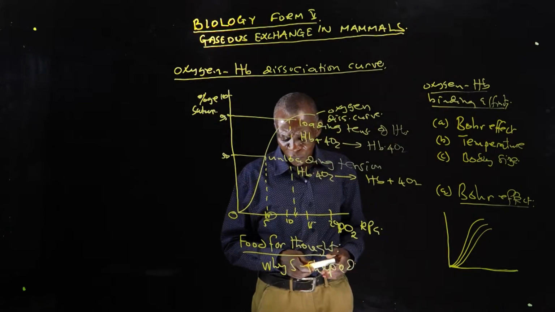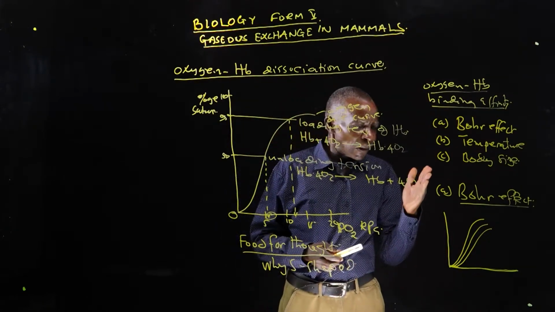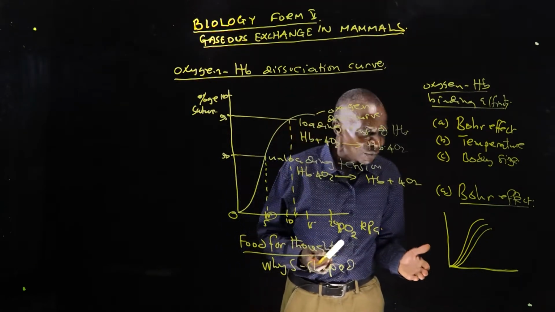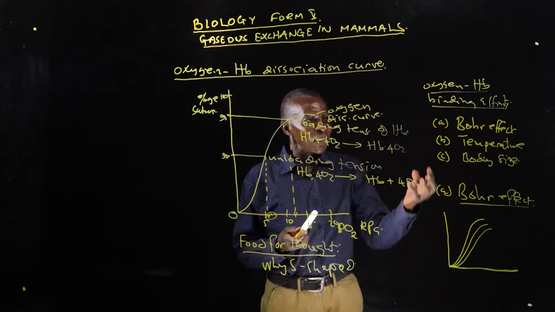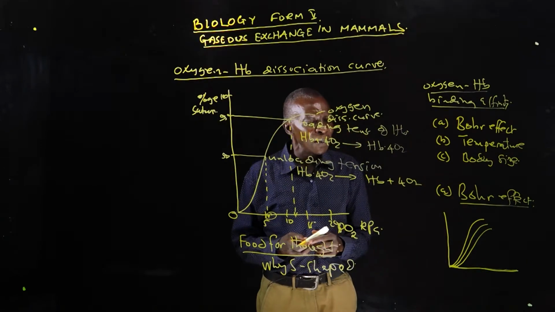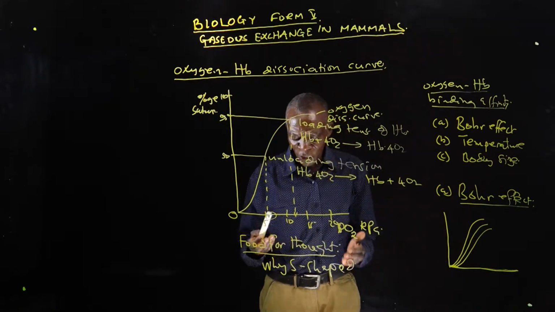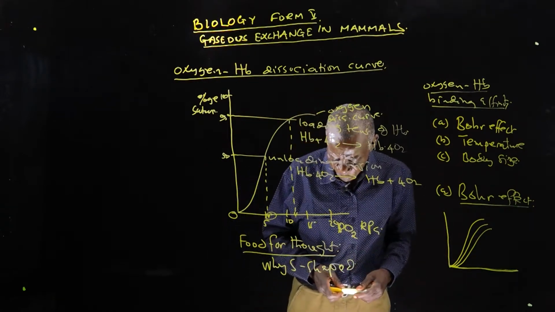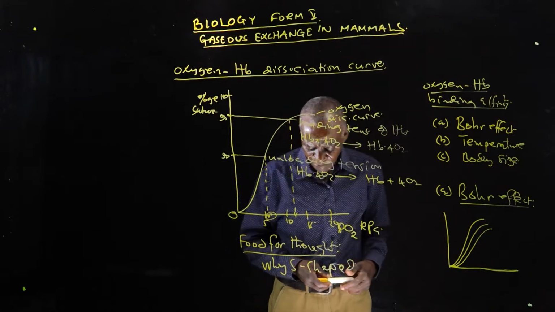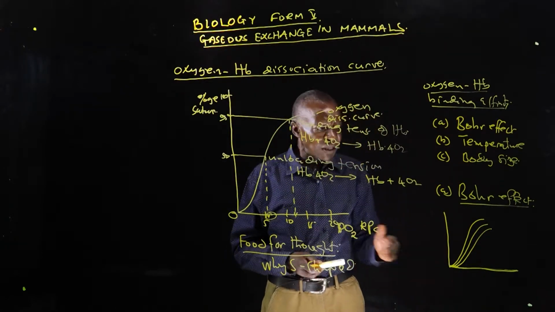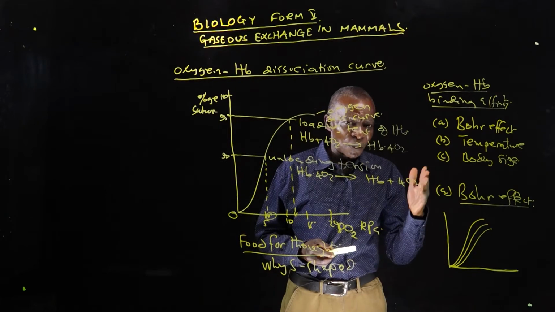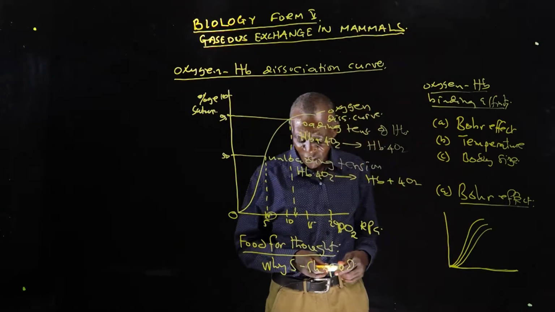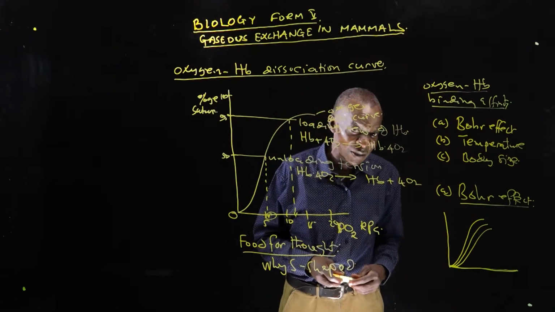And therefore, what is the significance of this? Of course, with increased concentration of carbon dioxide, there are increased chances for the oxygen to be released into the respiring tissues. This means that with the increased rate of respiration, there is an increase in the production of carbon dioxide.